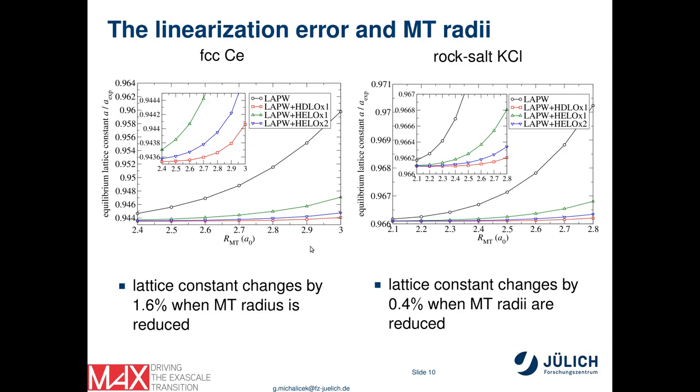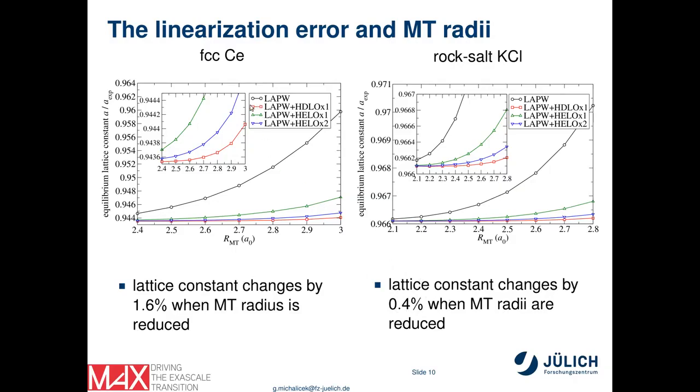This is due to the linearization error. If we reduce the muffin tin radius from 3 Bohr radii to 2.4 or so, the lattice constant changes by 1.6%. So this is quite a lot, in the ballpark of the difference between LDA and GGA. And for potassium chloride, the lattice constant still changes by 0.4%.